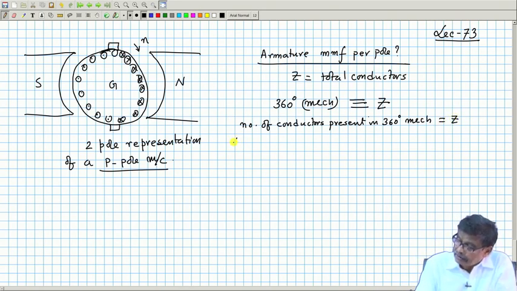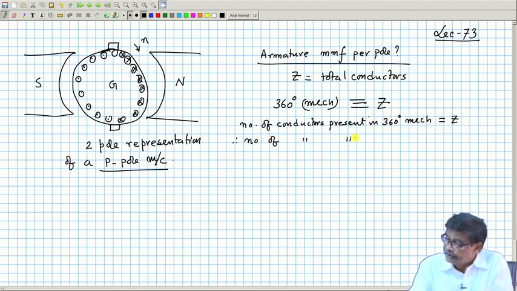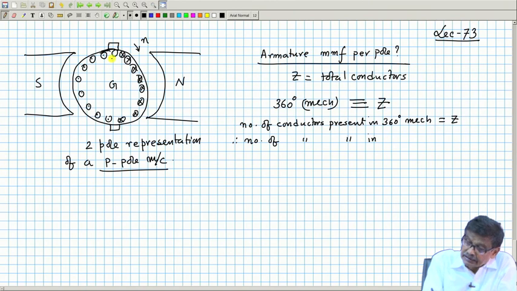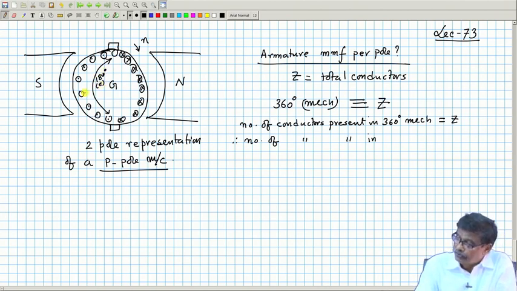Then I will calculate the number of conductors present in this 180 degree electrical, mind you, this is 180 degree electrical. But 180 degree electrical is equal to 180 into 2 by P mechanical.